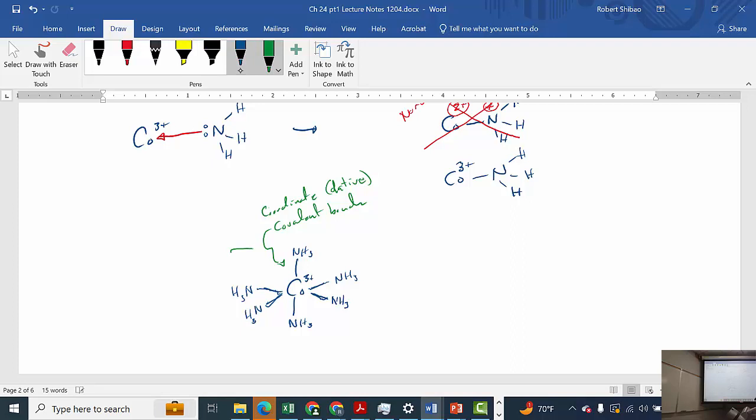It stays together in water, and this forms a gigantic cation. The charge here is the net charge, which is the sum of the formal charges or oxidation states. This is 3 plus. And this is called a complex ion.